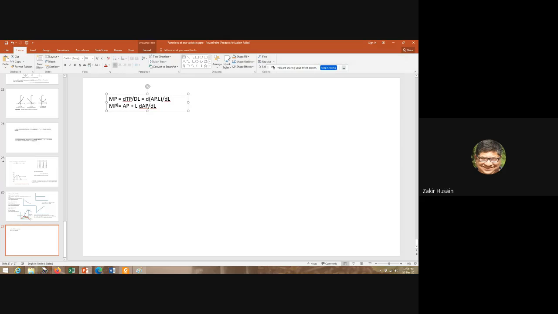Okay. So if dAP over dL is positive, then we have to add this, and MP will be higher. But if AP is falling, the term is negative, then AP will be greater than MP.